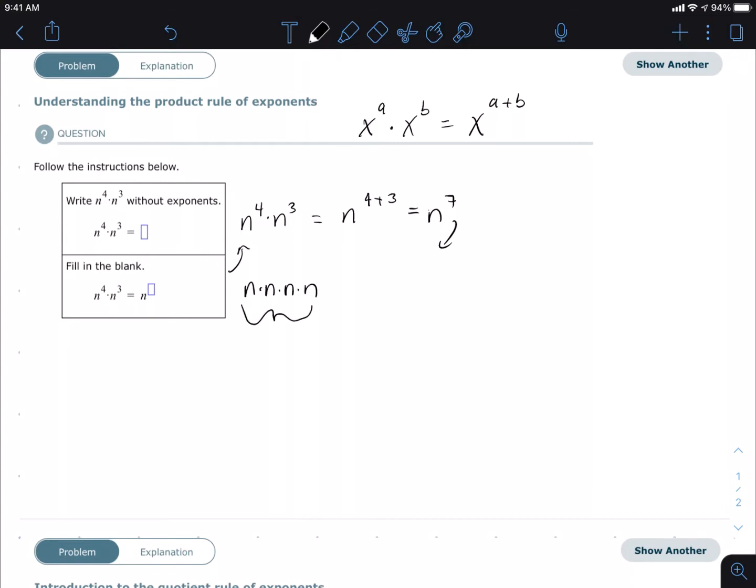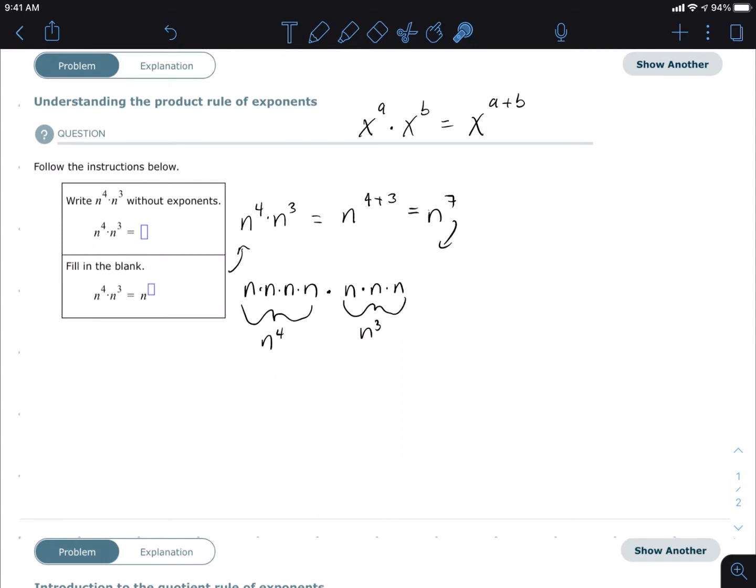This piece here is n to the fourth. But then it's multiplying that with n times n times n, that's my n to the third. And so you see how many n's are being multiplied? It's 7. So this is how they would write it without exponents, and this is how you would write it with exponents. That's all it's saying.